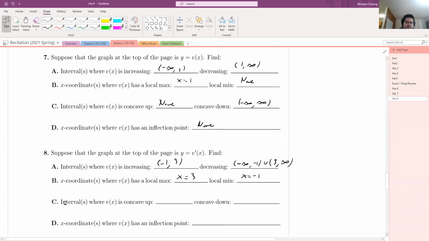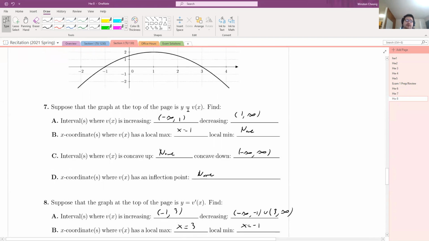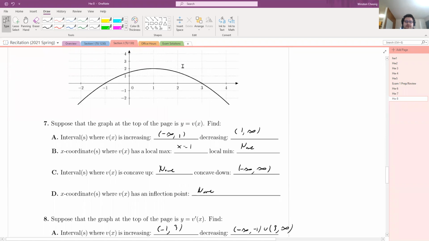Now for C, concave up versus down. Concavity is the second derivative, right? But we're viewing this graph now as the graph of the first derivative. So to determine concavity, we need to take another derivative on top of it. Being concave up is when the derivative of this graph is positive. Well, it's positive from minus infinity to 1.